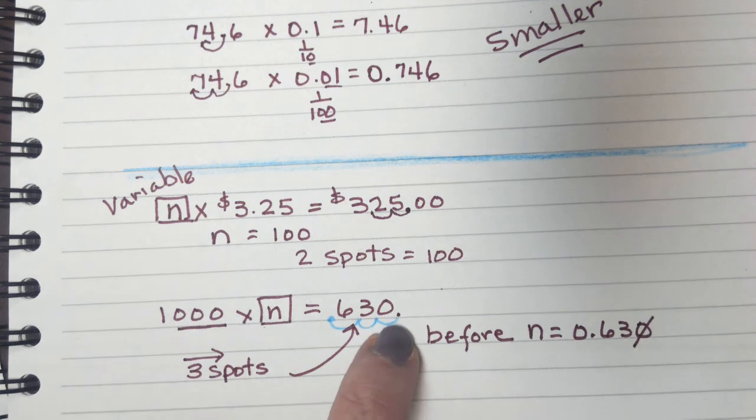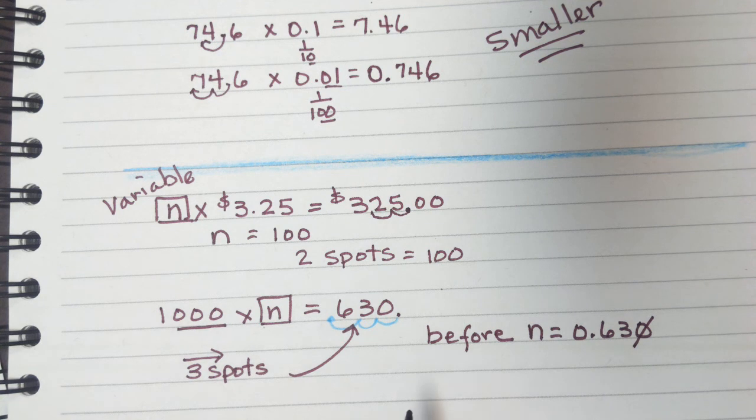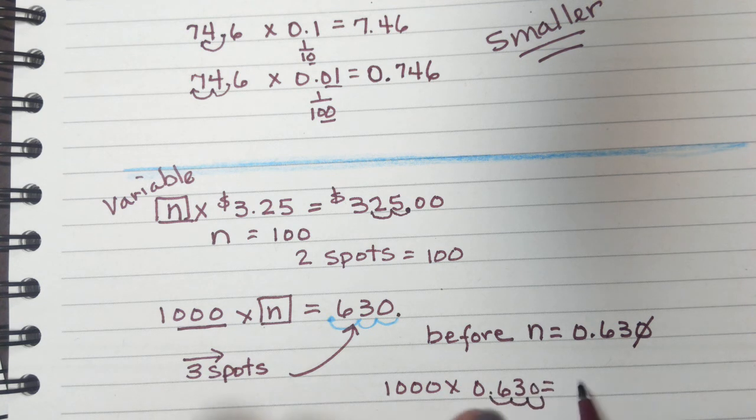It's really not necessary. So my answer is going to end up being 6 and 63 hundredths, and you can also check your work to make sure that it does work out correctly. 1,000 times 0 and 63 is equal to, remember, 1, 2, 3, I've got to have that 0 in there, 630. So I know it does work out for me.